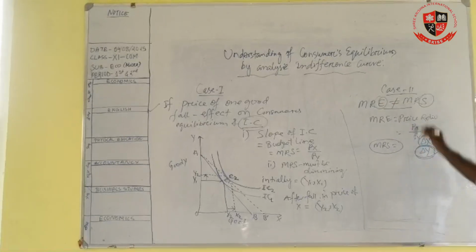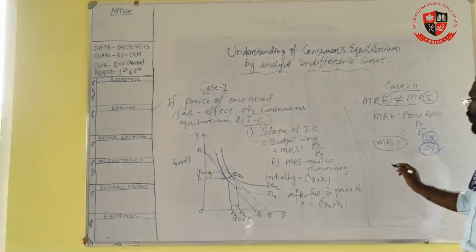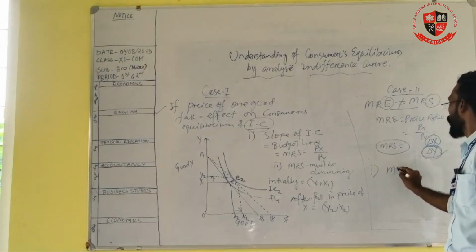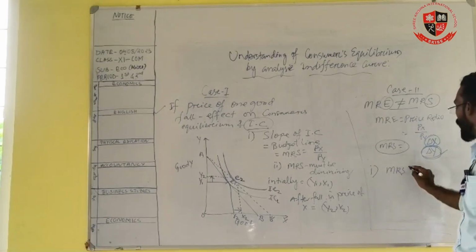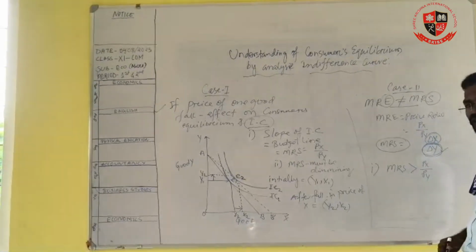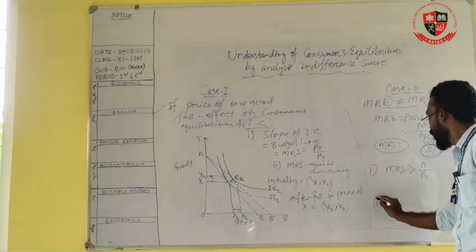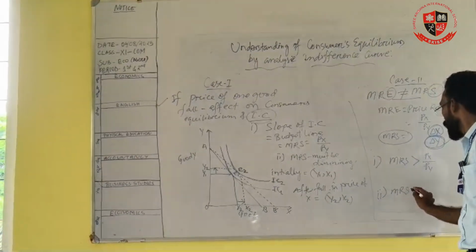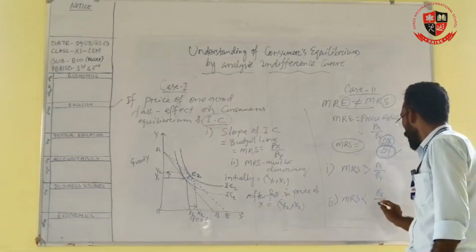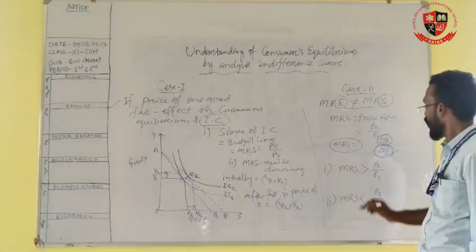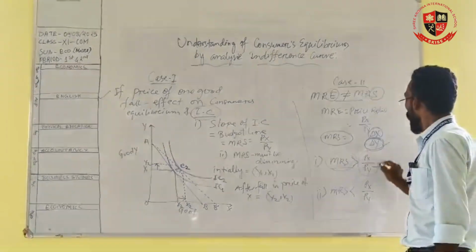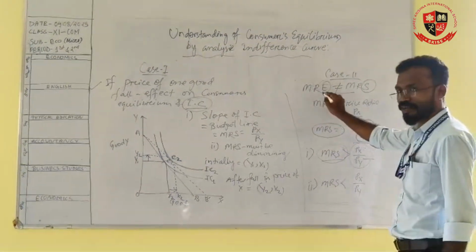So according to this case, if they are not equal, then two situations can arise. Situation one is that the marginal rate of substitution is greater than the price ratio of both the goods, and situation two is that the marginal rate of substitution is less than the price ratio of both the goods. What will happen when the marginal rate of substitution is greater than the price ratio, the marginal rate of exchange?